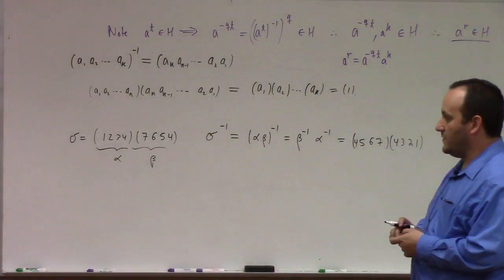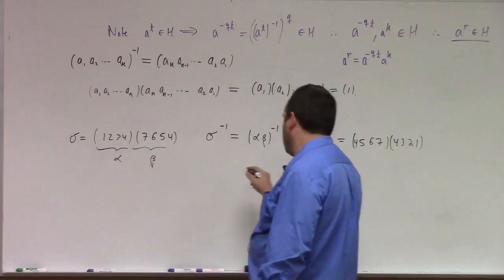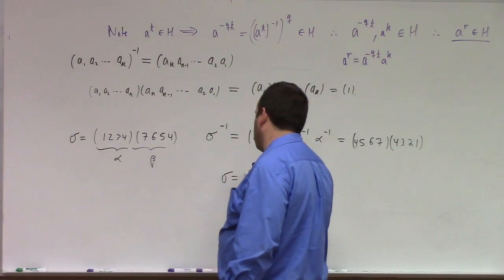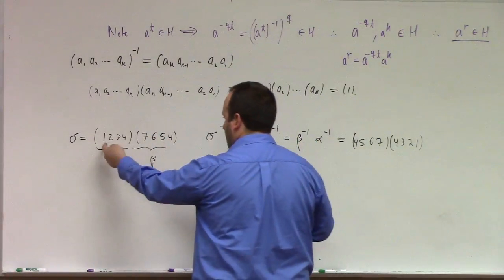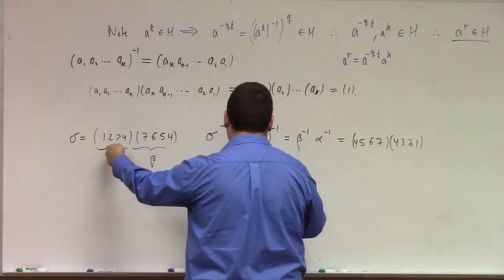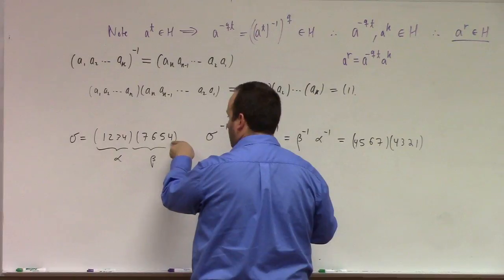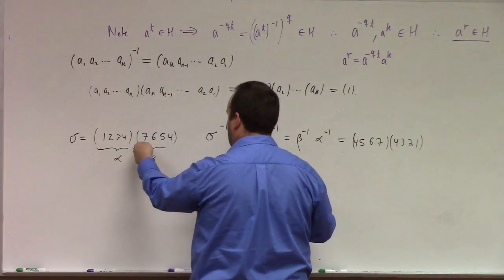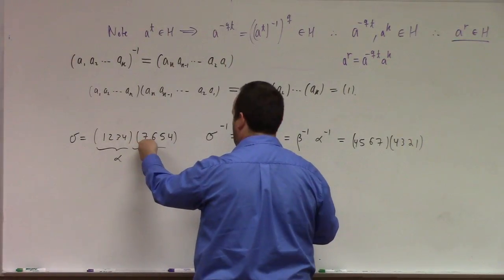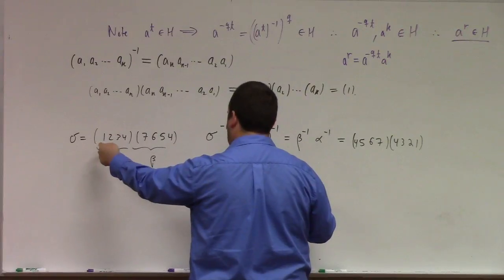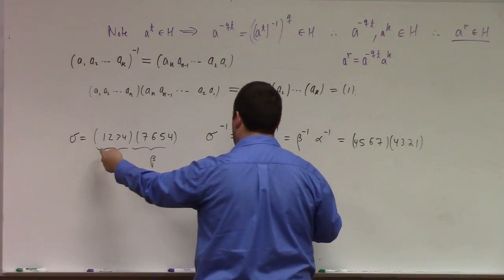But if I wanted to find the order of sigma, then I would have to do some work. So sigma would be equal to what? Let's start with 1 goes to 2, 2 goes to 3, 3 goes to 4, 4 goes to 7, 7 goes nowhere, then 7 goes to 6, and 6 goes to 5. 5 goes nowhere.